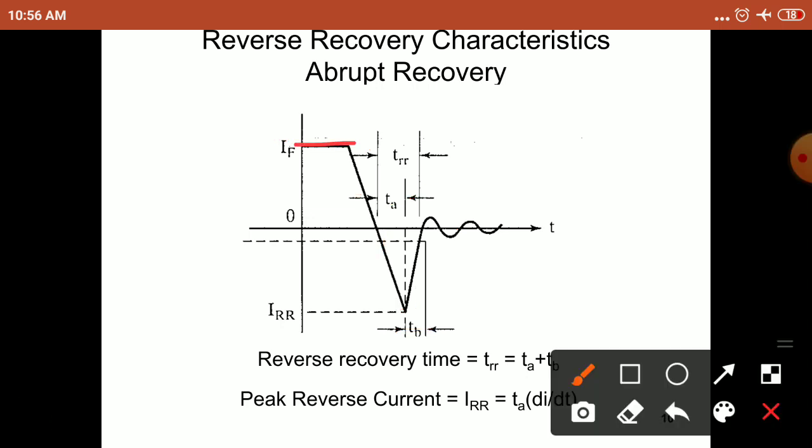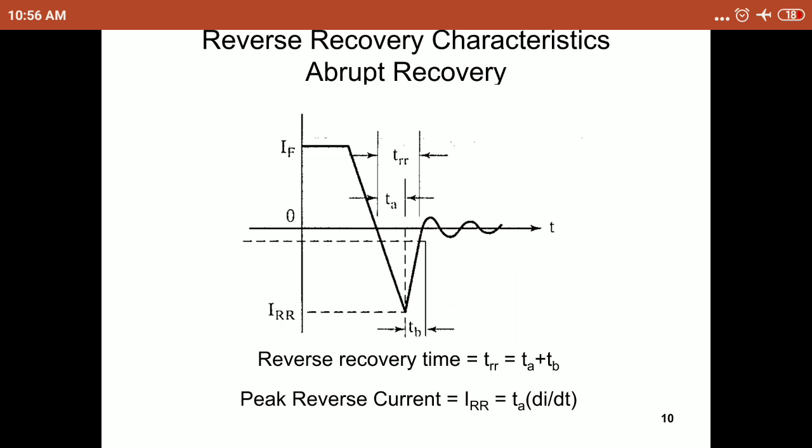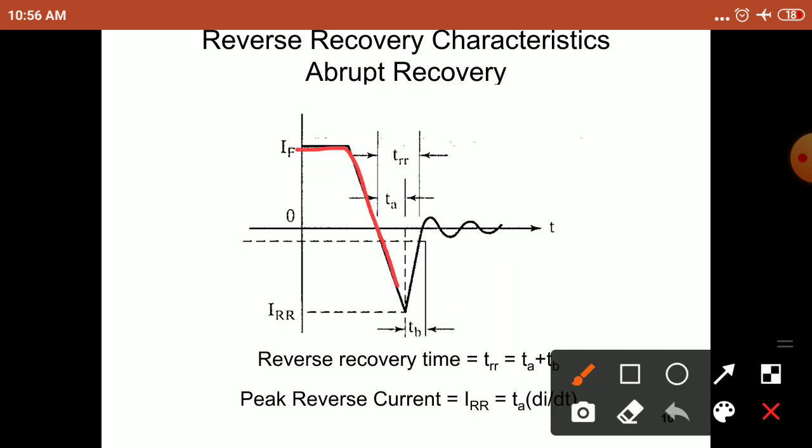The current initially goes negative. In the previous case it slowly recovered, but in this case, when it reaches the negative region, it suddenly switches to the positive region, abruptly changing its state. That is why it is called abrupt recovery.